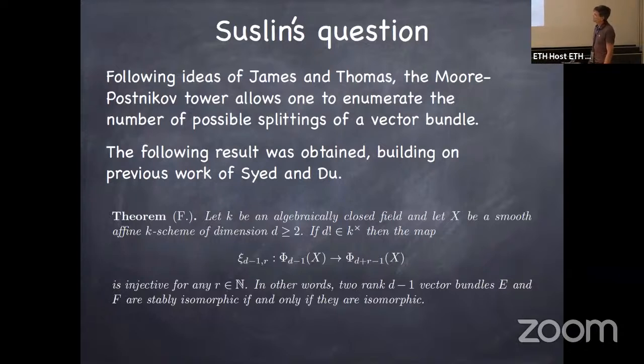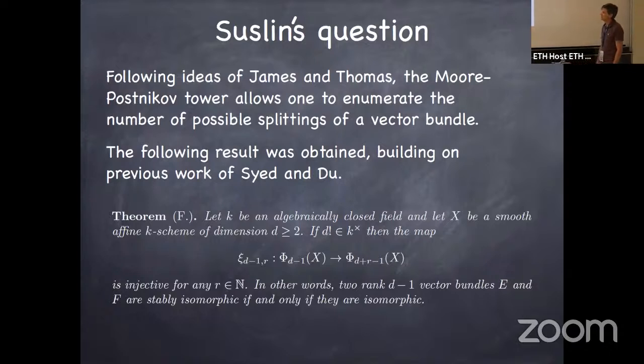But this Postnikov tower allows you to do it in also a very systematic way. And as I already said before, what we know from the homotopy sheaf before is enough to compute the cohomology at the right spot. So in that case, we just say that there is no obstruction to being injective.